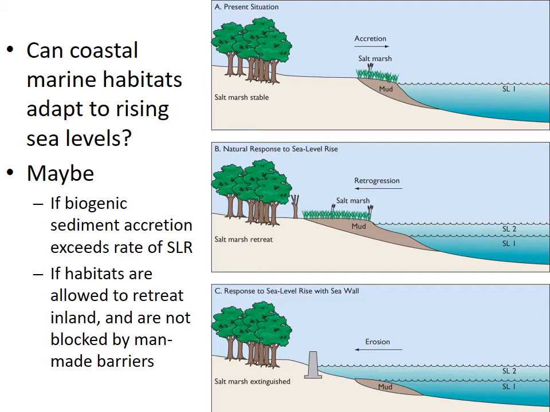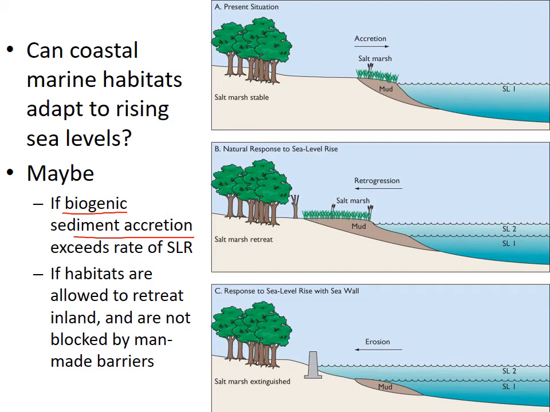So the ways that natural ecosystems adapt to a rising sea include biogenic sediment accretion. Some habitats like coral reefs build themselves up, and if their rate of buildup by creating new calcium carbonate exceeds the rate of sea level rise, then they can stay near the surface and maintain themselves as sea level rises.